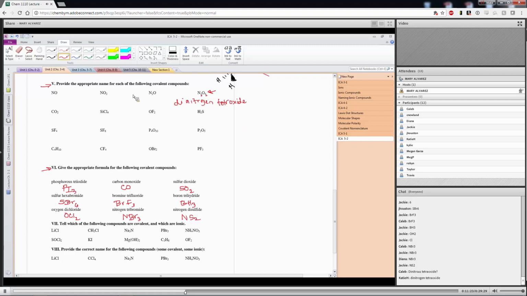I'm just telling you, there's 2 nitrogens and 4 oxygens. That's important because holy cow, look at how many different combinations I can make between nitrogen and oxygen. I tell you, you have a covalent compound between nitrogen and oxygen, you have no idea which one of those I'm talking about, unless I tell you it's dinitrogen tetroxide, for instance. Or how would I name this guy?